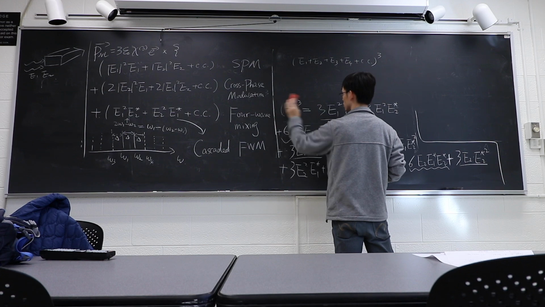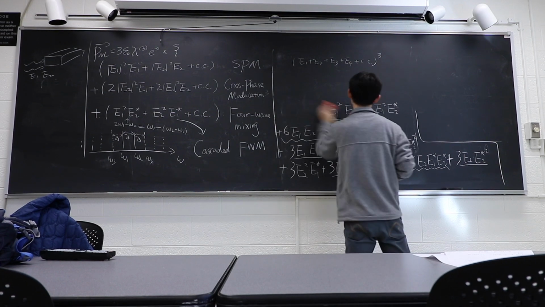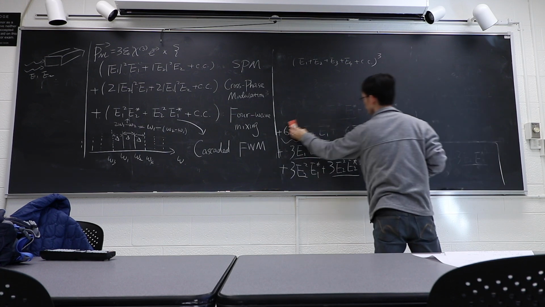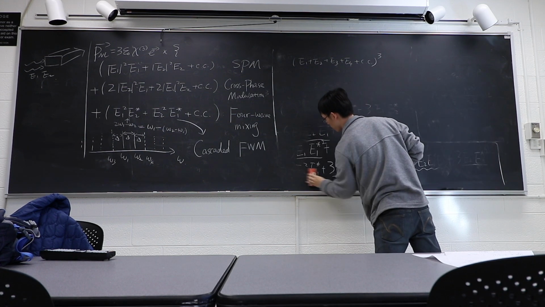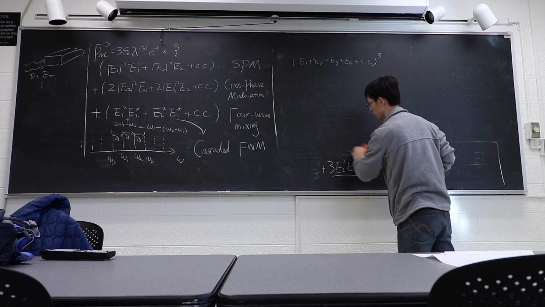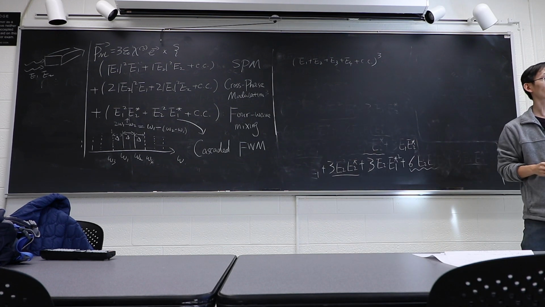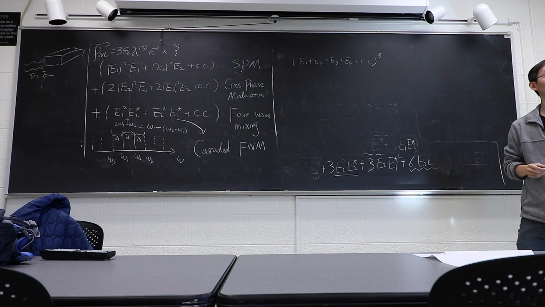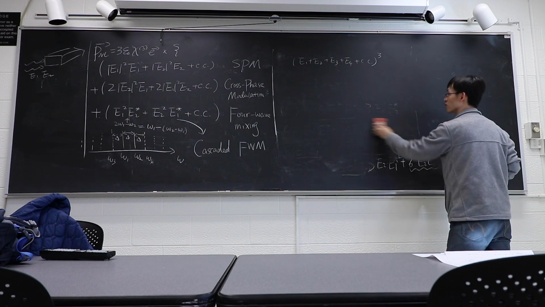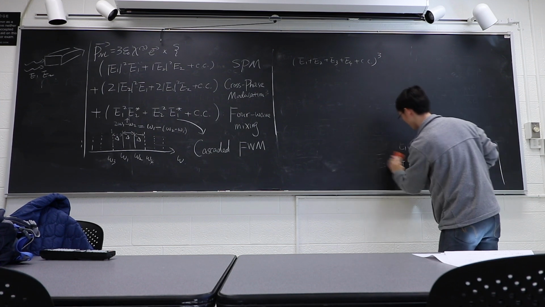We'll spend another 5 minutes to finish this. So you might think, wow, this is so great. Starting from 2 lasers, you can convert it to an infinite number of lasers. If only life were that simple.